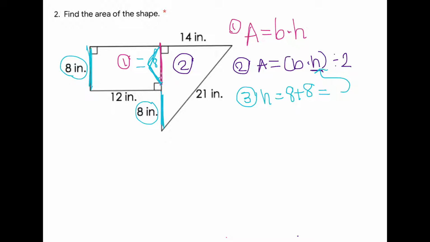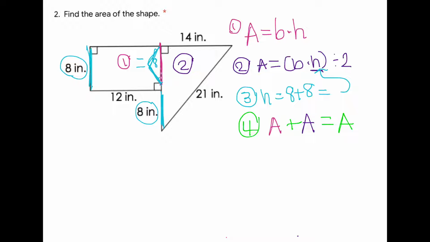Then our fourth step is we need to add the area of our rectangle, that area, plus the area of our triangle, and that will give us our total area.